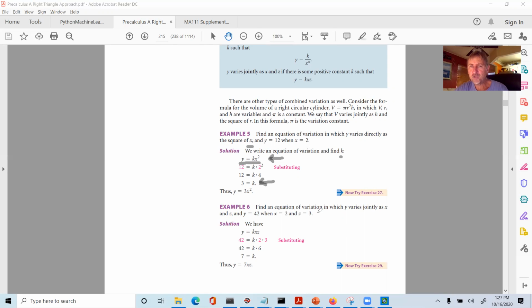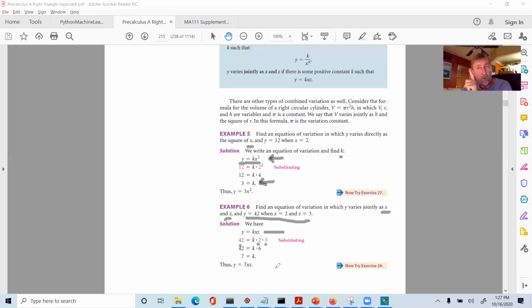Find an equation of variation in which y varies jointly as x and z. So here we have y equals k times x times z. Then they give us values. So now we don't know y, we don't know k, we don't know x, and we don't know z. We have 4 unknowns in this one equation. But they give us 3 of them.